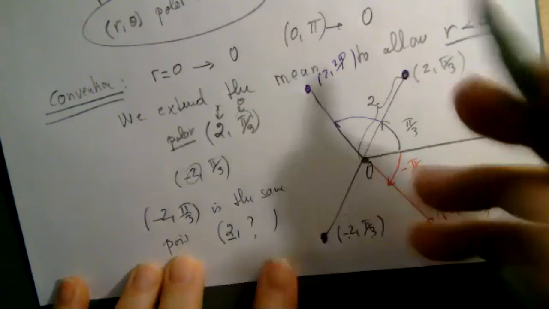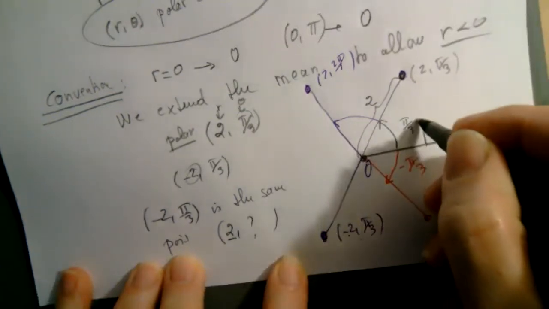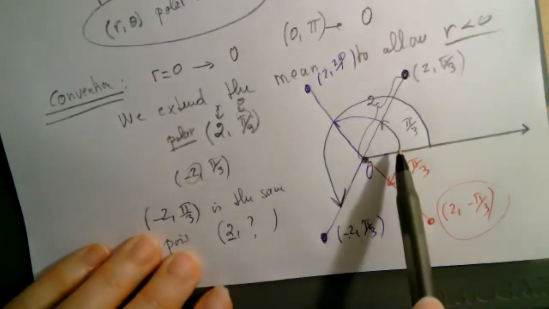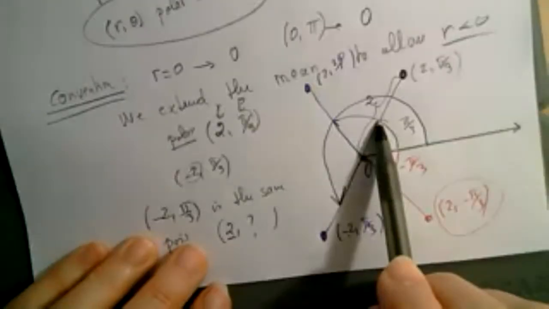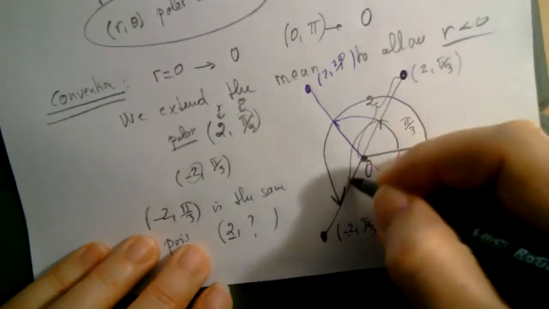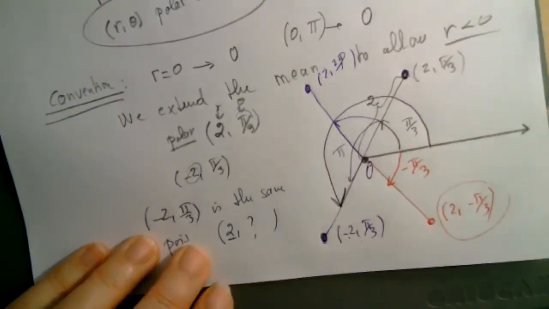That one is correct because, thinking geometrically, this angle up to here is pi over 3, but we're adding pi to it.